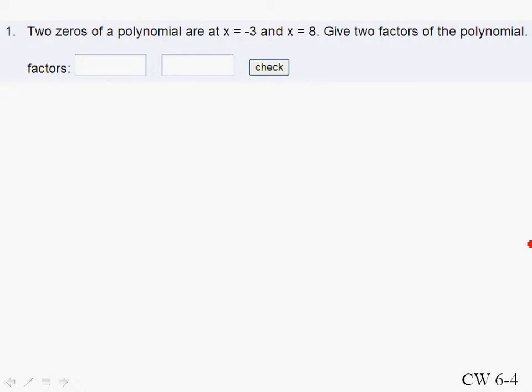On classwork 6-4, number 1 says two zeros of a polynomial are at x equals negative 3 and x equals 8. Give two factors of the polynomial.